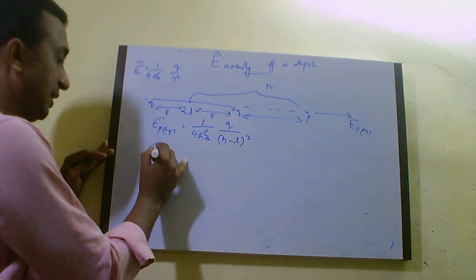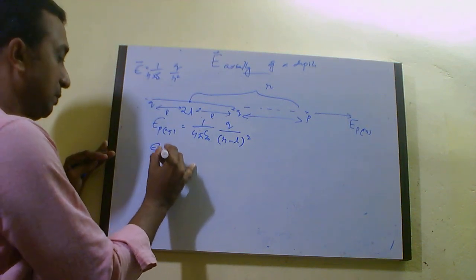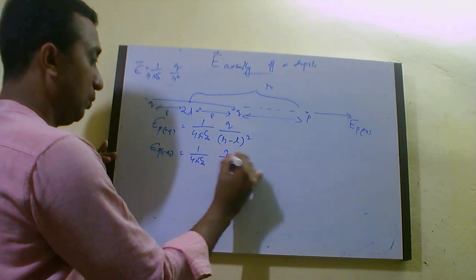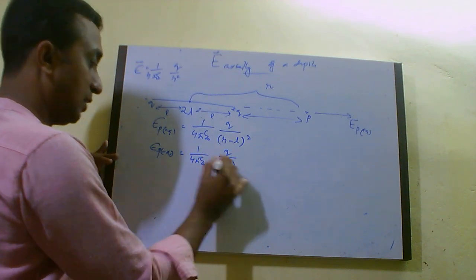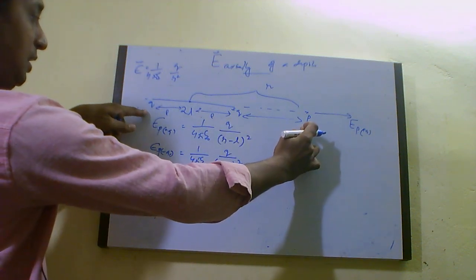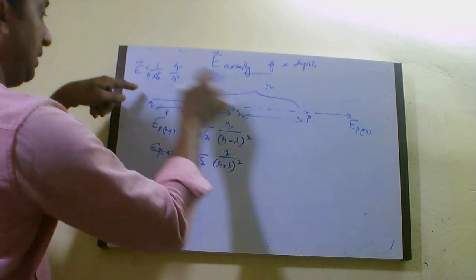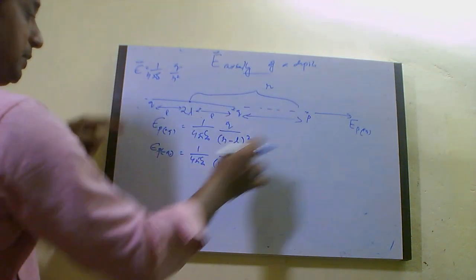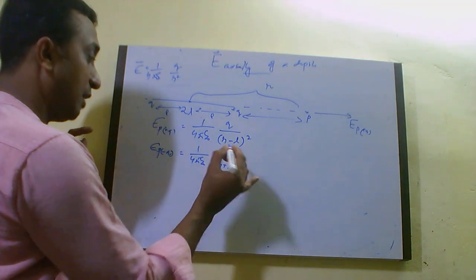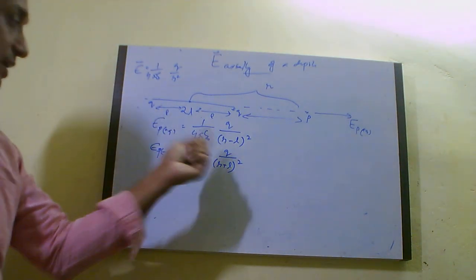Now what is the electric field intensity at P due to minus Q? It is 1 by 4 pi epsilon 0 Q by (r plus L) the whole square, because this much distance you have to take. This is r, from here you have to add L also, so it becomes r plus L the whole square. Now you may ask why I have not put this negative Q here.